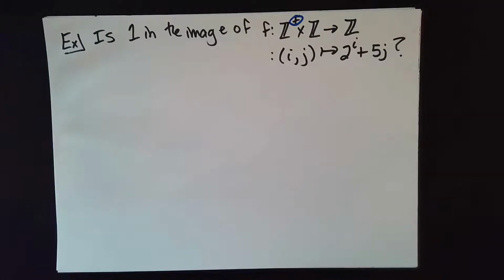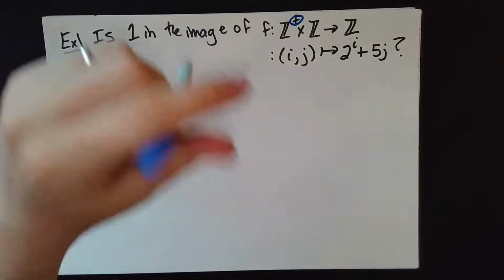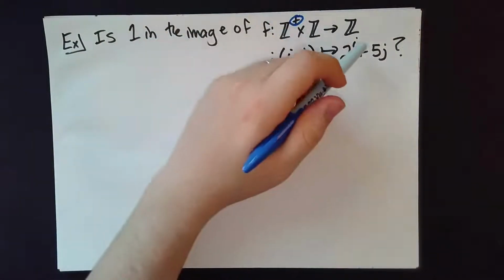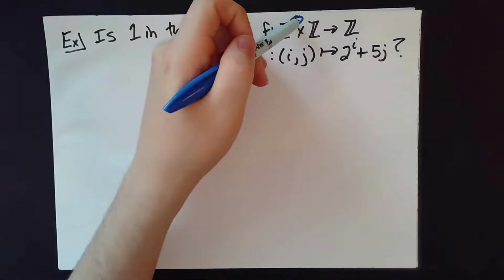That's exactly right. If I did not insist that this be positive, then I would be allowing for negative exponents.